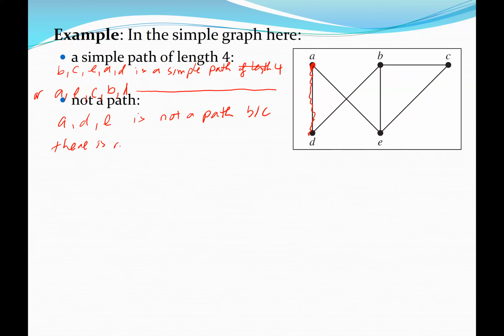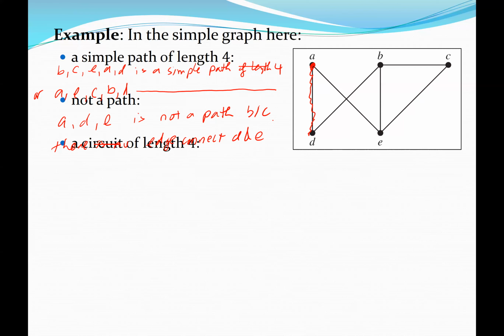There is no edge connecting D and E. So that's not a path. That's just one example. Another one: D, B, E is also not a path.